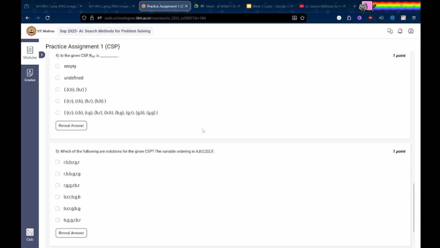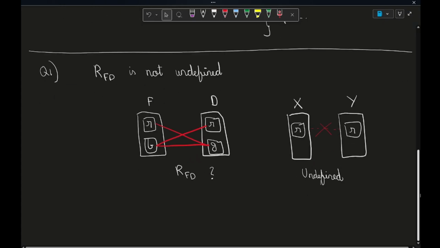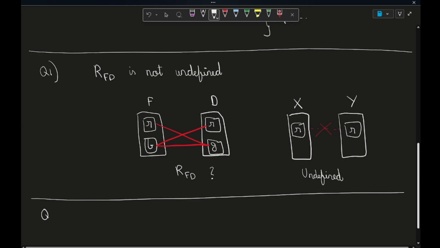So in the given CSP, RAF is AF. Okay, let's try to write this. Question 3.